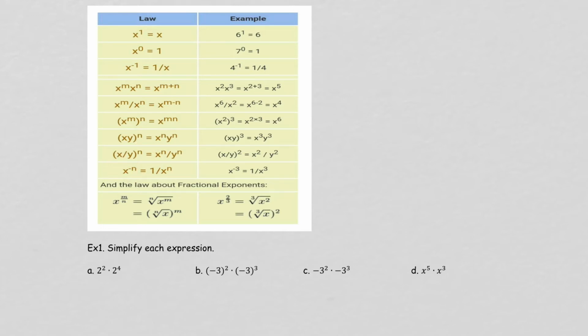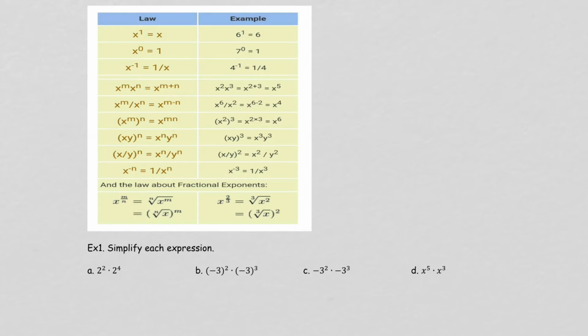This is similar to the one right here, negative exponents. So if you have a negative n exponent, you flip the base in order to get rid of that negative sign. Another one that we will probably go over is when we have fraction exponents.